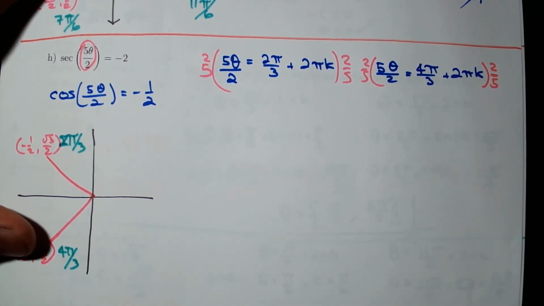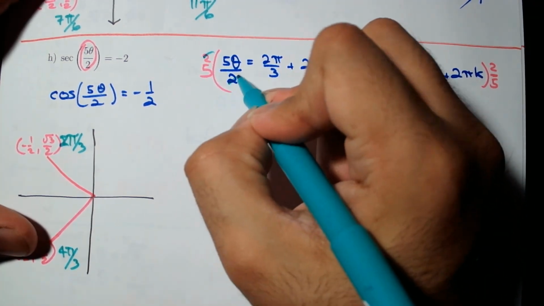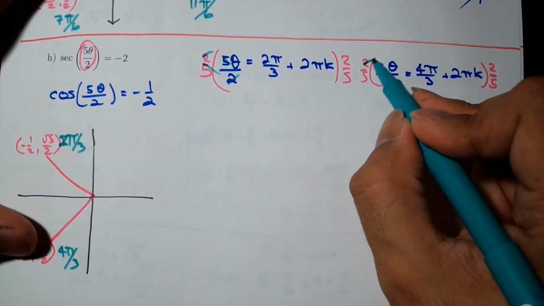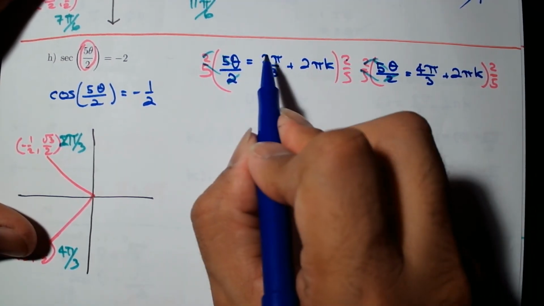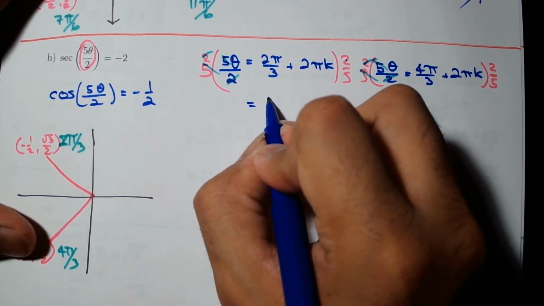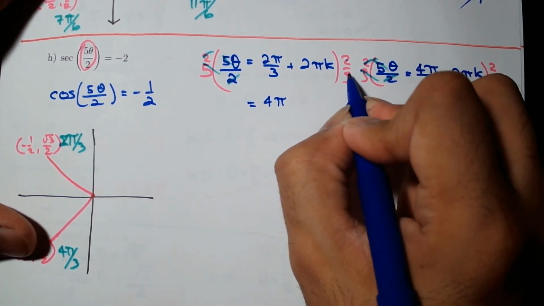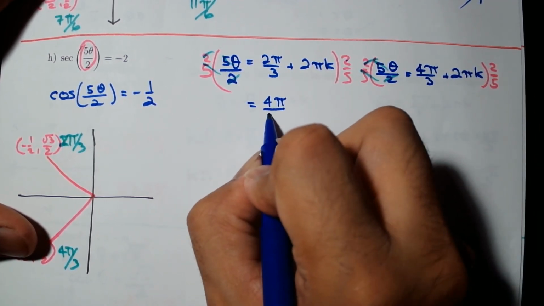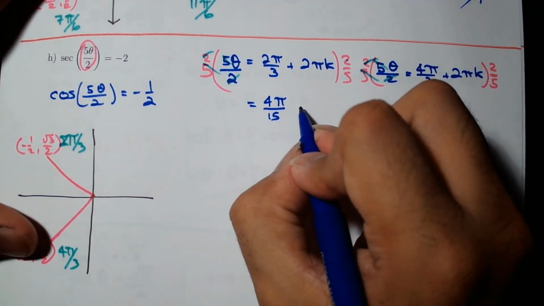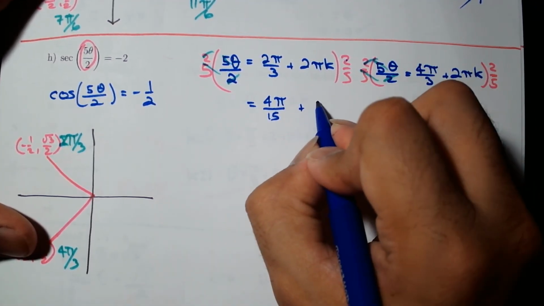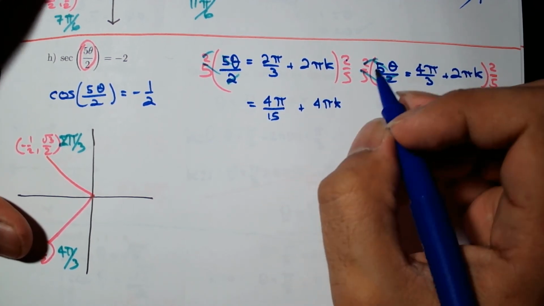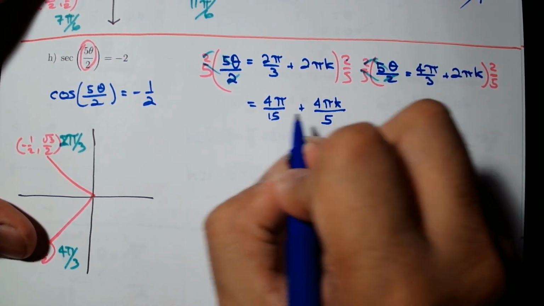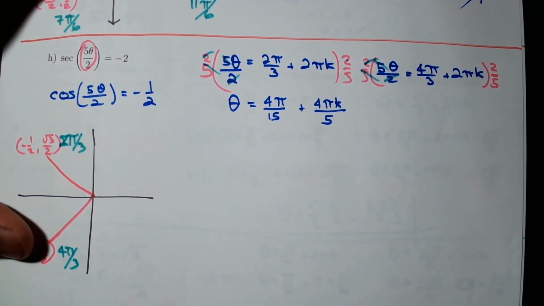Okay, so in this case we can cancel, cancel, cancel, and in this case, well, let's see. 2 times 2, that's going to be 4 pi. 5 times 3, that's 15. And then plus 2 times 2, which is 4 pi k over 5 equals theta.